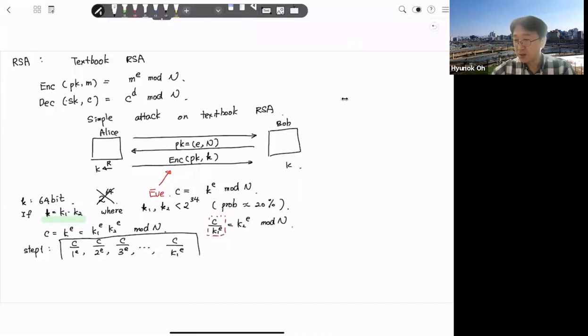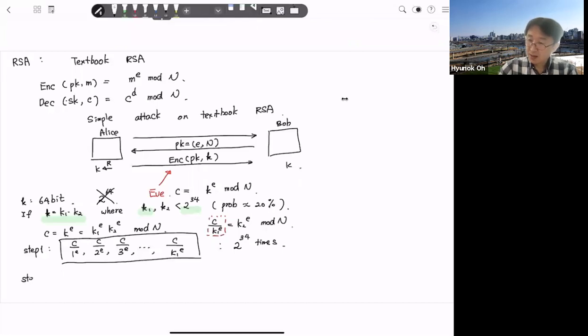To construct it, Eve has to compute 2 to the 34 times, because K1 is less than 2 to the 34. So with 2 to the 34 computations, Eve can construct this table of 2 to the 34 values.